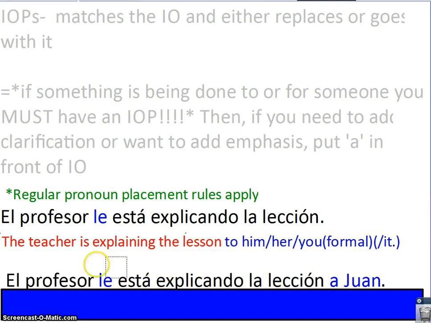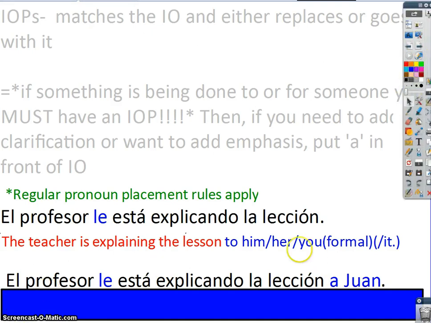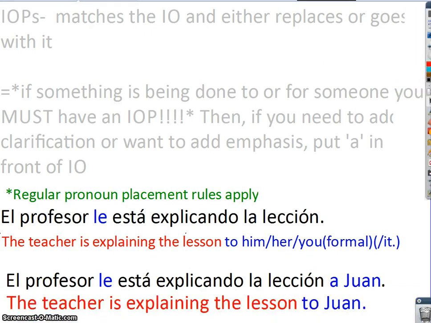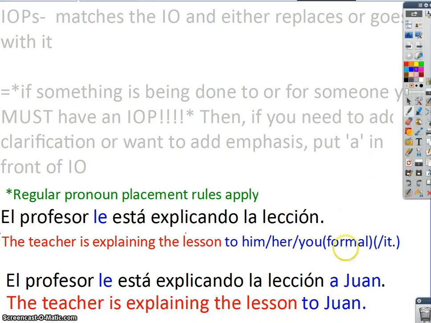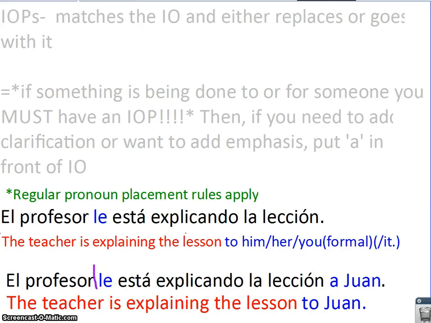Now if I go down one more sentence, I have el profesor le está explicando la lección a Juan. Now I have the clarification or emphasis. I couldn't just put Juan in the sentence, I had to say a Juan. Now this sentence clarifies that the teacher is explaining the lesson to Juan. Keep in mind, I can't get rid of le.